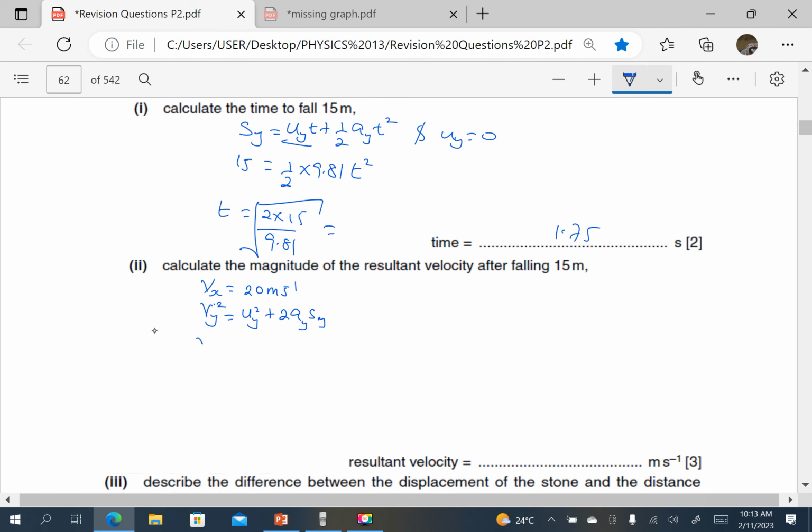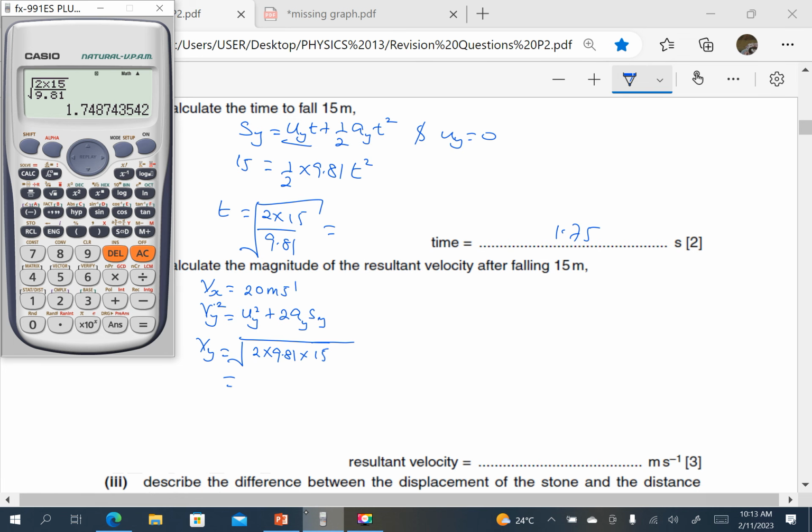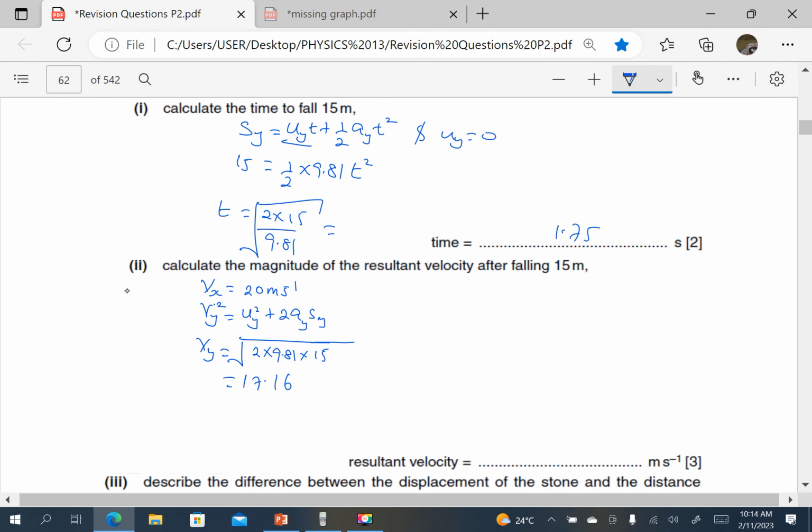So v in the vertical is going to be the square root of 2 times 9.81 times s in the vertical, which is 15, since the initial velocity in the vertical is 0. That is 17.16. So I'm now finding the resultant velocity.